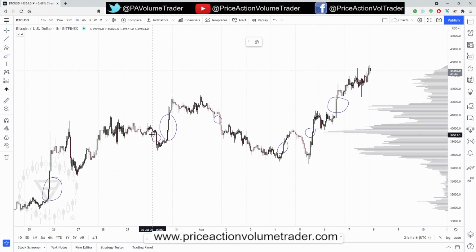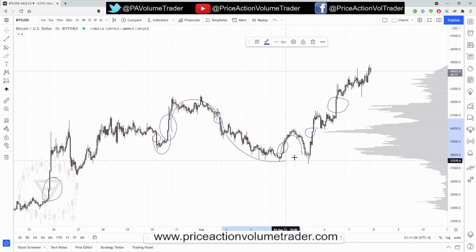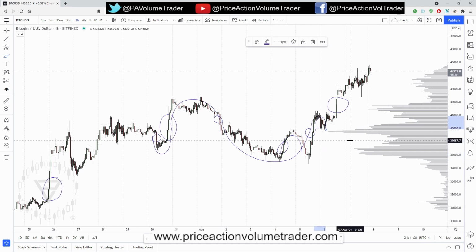So this one, we had a gap here, filled back up. We had a gap here, filled back up. Gap here, filled. This one filled here. This one filled back here.